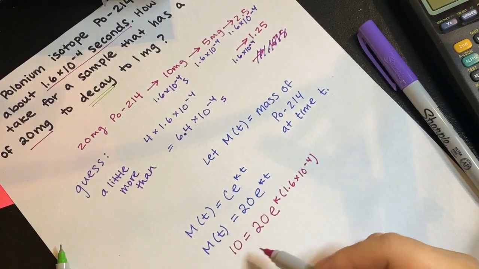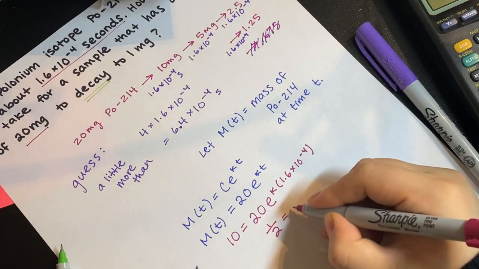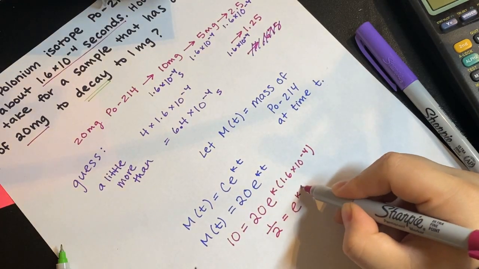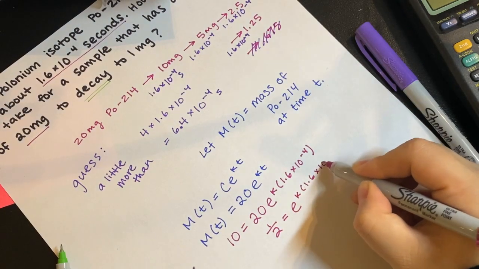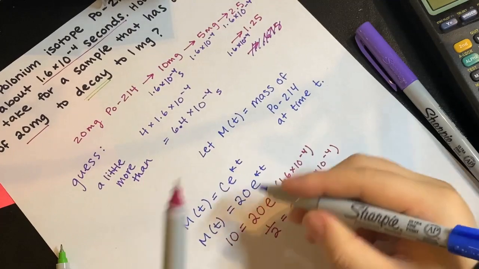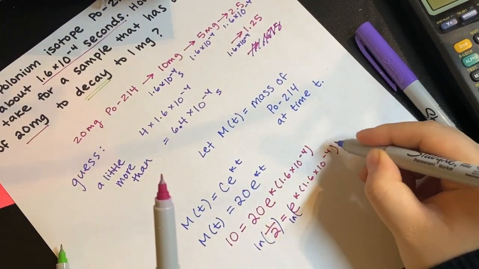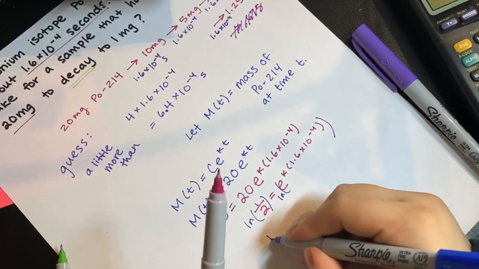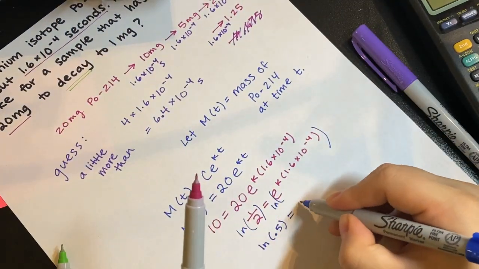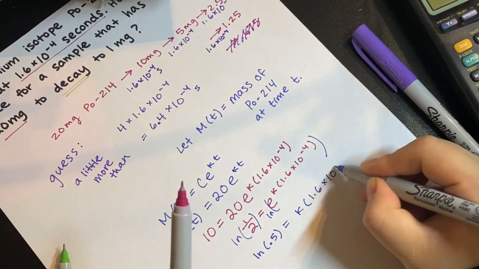So here I'm going to divide by 20. So that's going to be 1/2 equals e to the k times 1.6 times 10 to the negative 4. I'm going to take natural log on both sides just to get rid of the e. I have natural log of 0.5, half is 0.5, equals k times 1.6 times 10 to the negative 4.